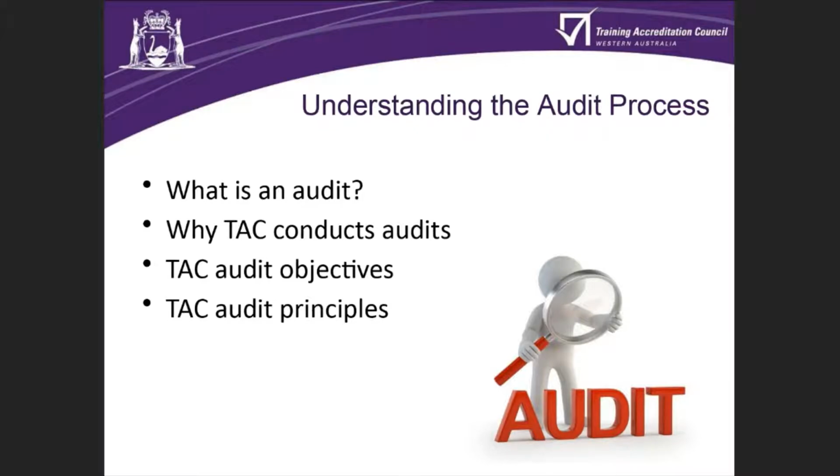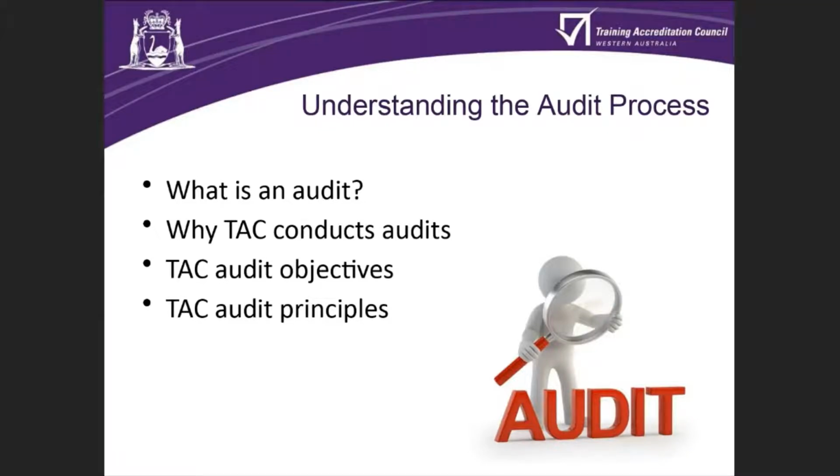So there is a bit of a difference between the way in which we look at the outcomes for existing organizations when we come in to see whether or not you're still complying with the requirements of, say, a re-registration audit, or whether you are a new organization applying to become an RTO. And obviously there, all we can do is look at what you intend to do and hope that the outcomes that you are striving for will actually be possible.